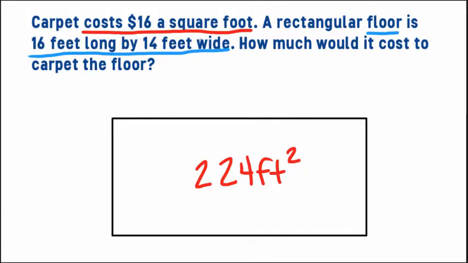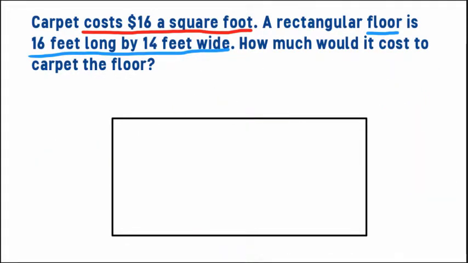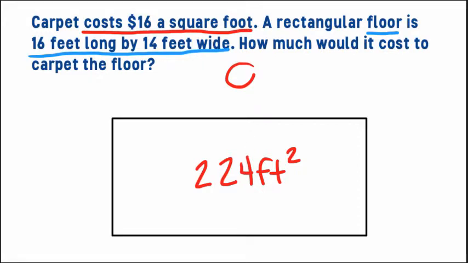It should be feet squared, because this is feet and this is feet. Just a brief aside: when we deal with area, I say area squared, because feet times feet is always going to be feet squared. We can talk about what that means later on. So we're going to have 224 feet squared. Now the question becomes, how much is it going to cost?